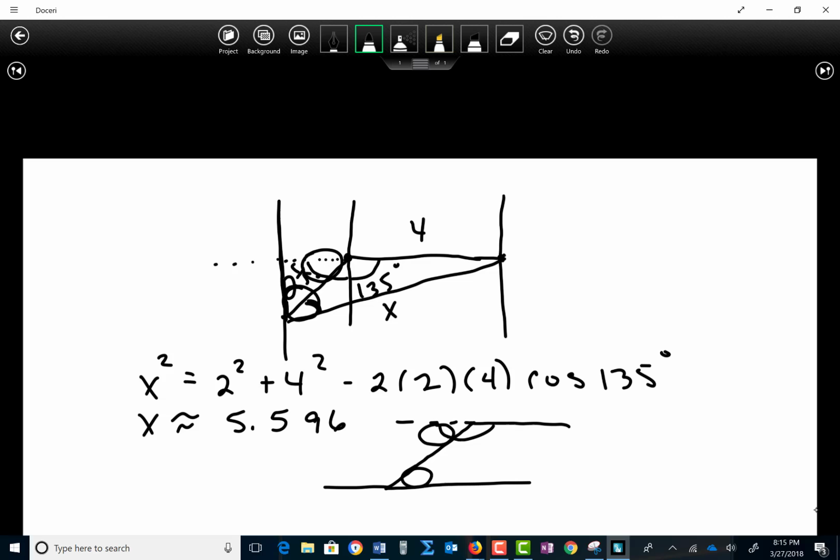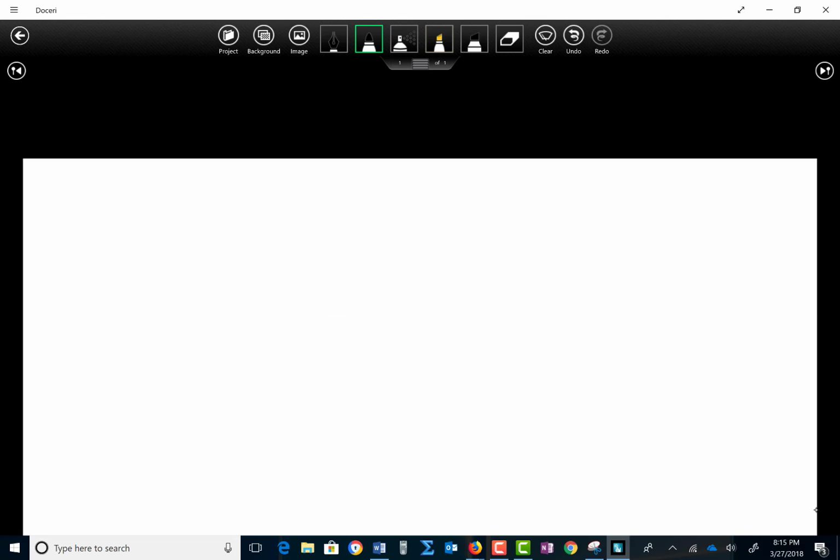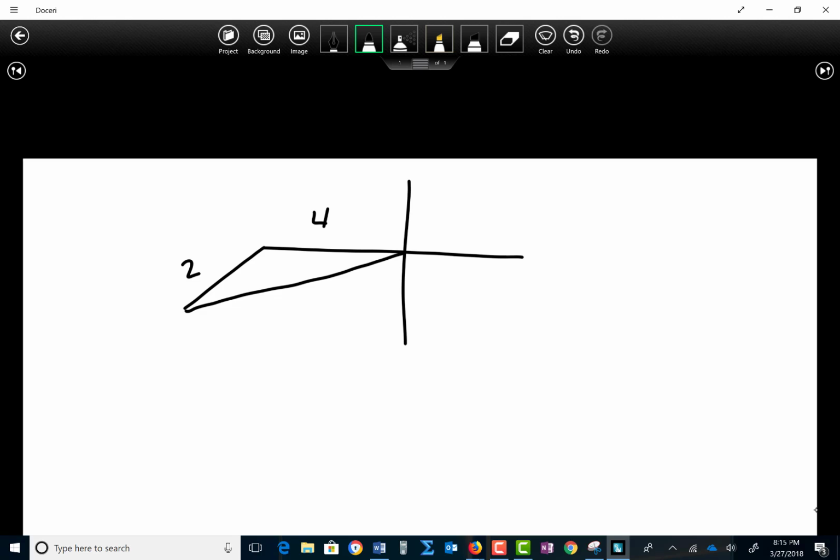And when I draw my picture, let's just draw it again and label the angles. When I draw my picture and I go out my 4 and down my 2, and I have my angles that are drawn there, I'm trying to figure out how to get back to my starting point and what that angle would be.